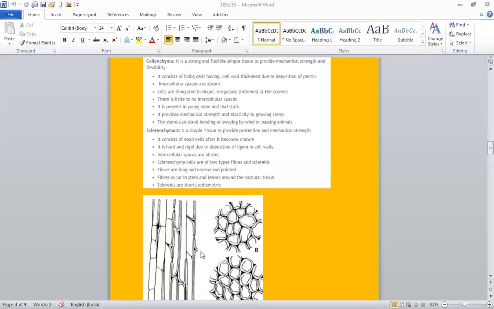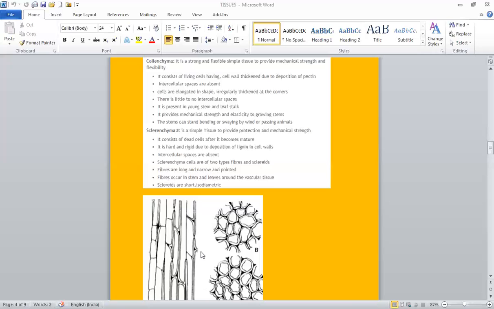It is the only simple permanent tissue which lacks living protoplasm and is a dead tissue. Collenchyma and parenchyma were living tissues, but sclerenchyma is a dead tissue. It is hard, rigid, and the cell wall is very thick due to the deposition of lignin.